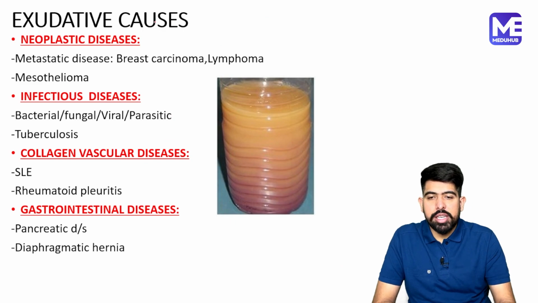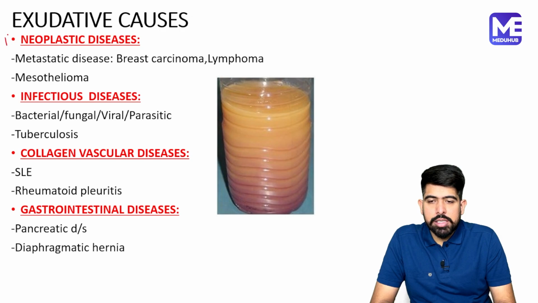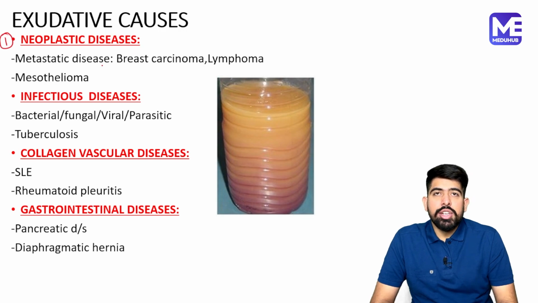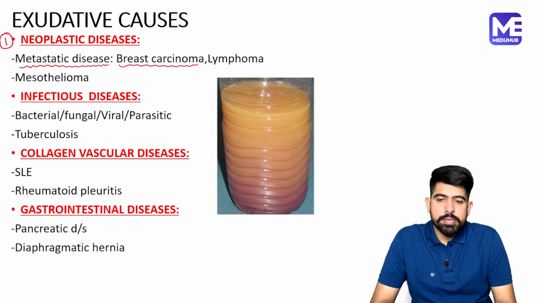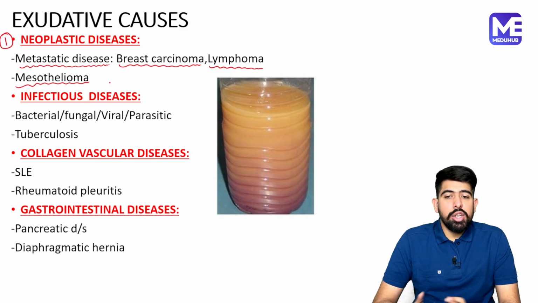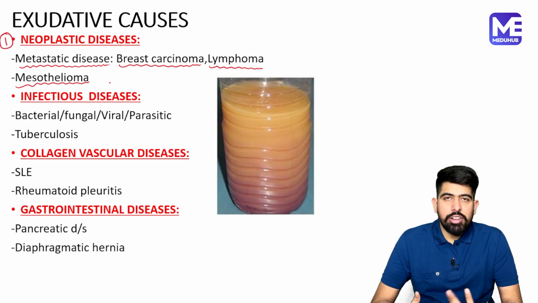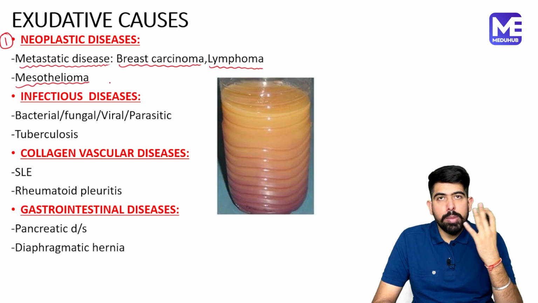If we talk about the exudative causes, the first one is neoplastic diseases. As you already know, in neoplastic diseases we have metastatic diseases like breast carcinoma, lymphoma, or mesothelioma, from your pathological knowledge.